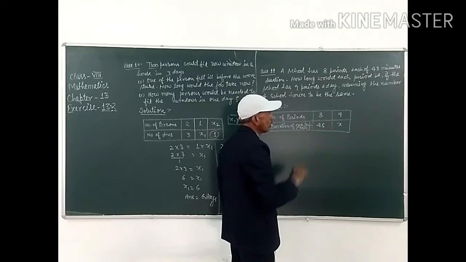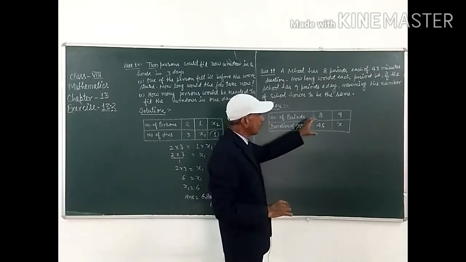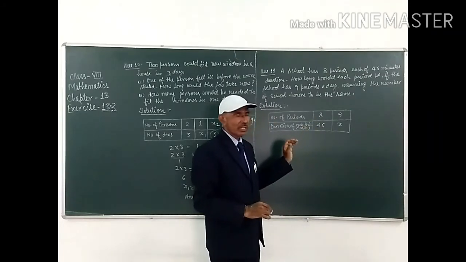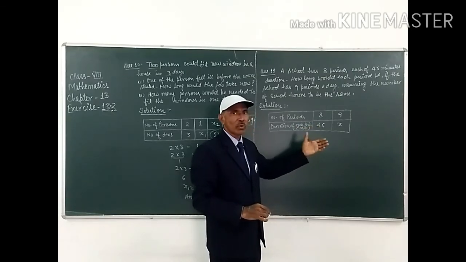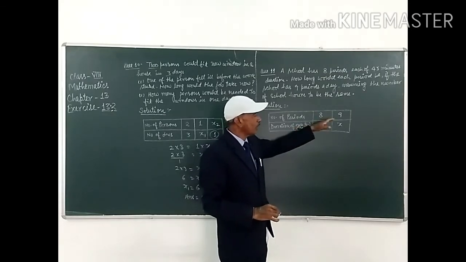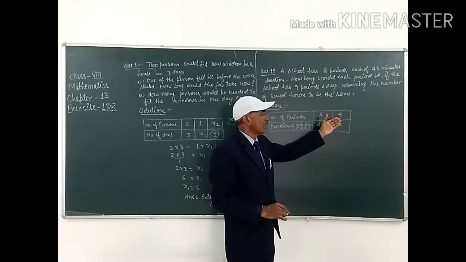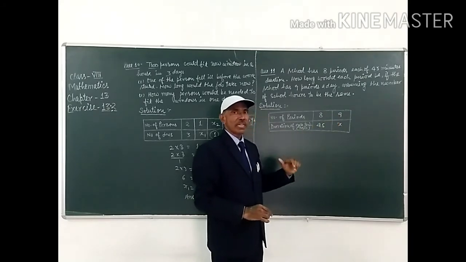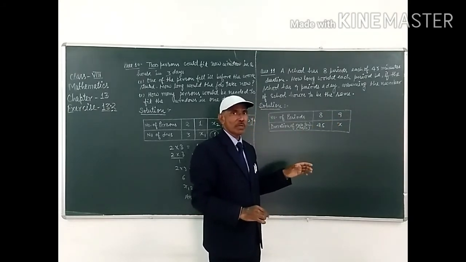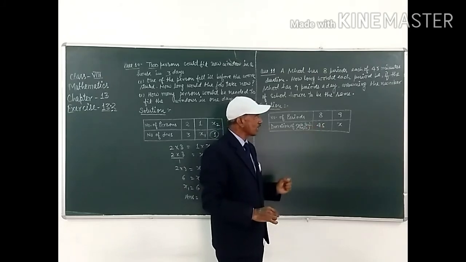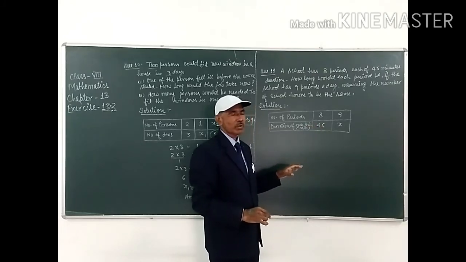So we have to solve this. If the number of periods is less, students, then each period will take more time. If the number of periods is more, then each period will take less time. So this question is also related to inverse proportion, students.